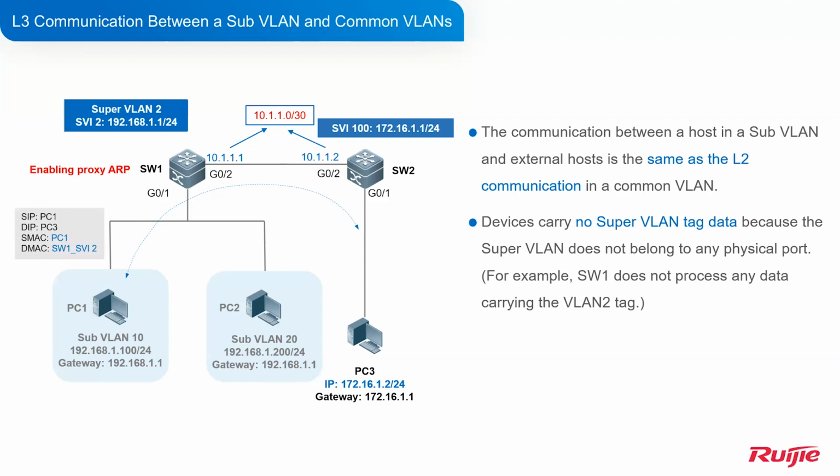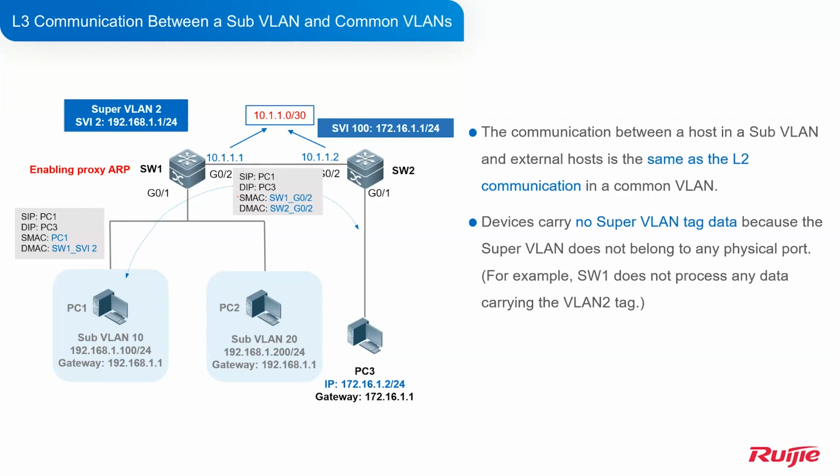In this way, this packet is sent to SW1, and after receiving it, SW1 will send it to SW2. You can see the source IP and destination IP are unchanged, but the source MAC and the destination MAC have changed: the source MAC is the MAC address of G0/2 on SW1, and the destination MAC is the MAC address of G0/2 on SW2.